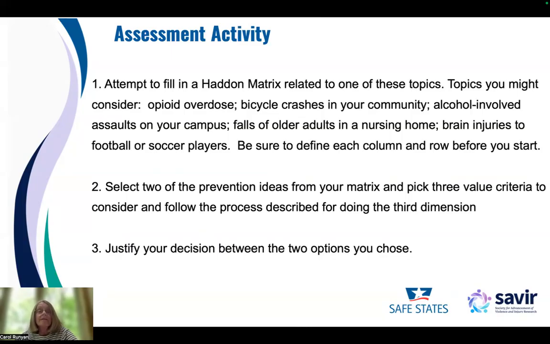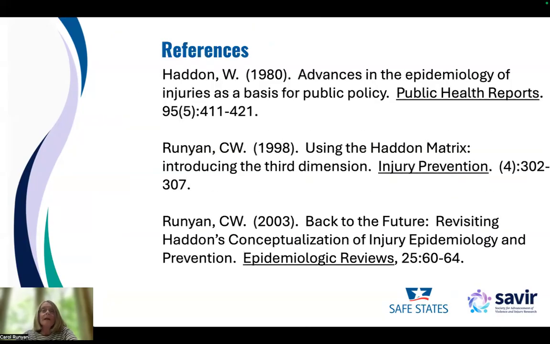Follow the process that I've described for doing the third dimension, and then write a brief paragraph or a few bullet points to justify your decision between the options that you considered. So it's just a way to practice the process. And I think you'll find it very useful.